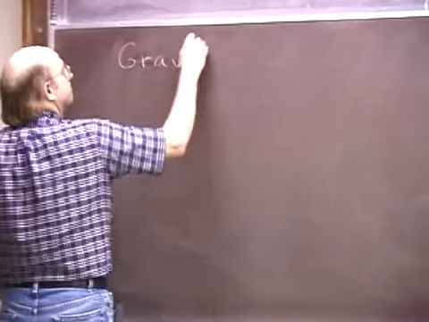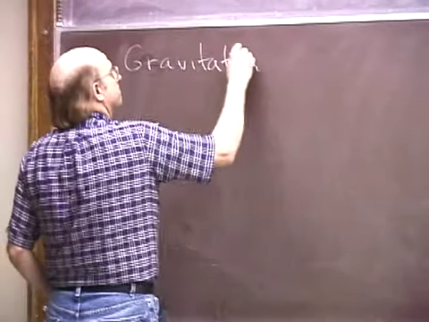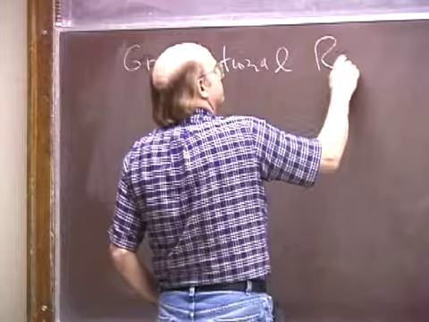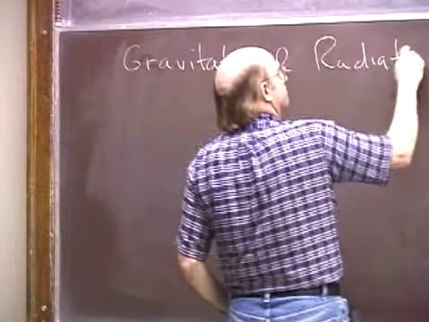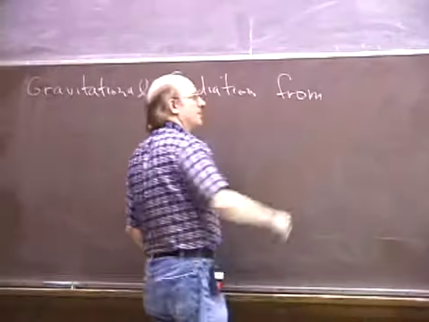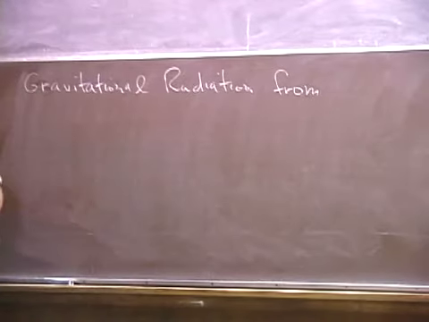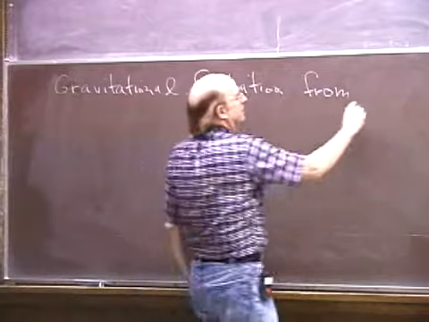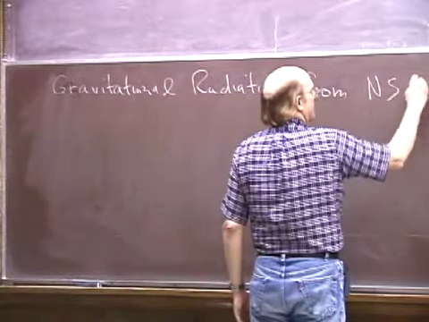So you can also have gravitational radiation from neutron star pulsations, the oscillations of the star.